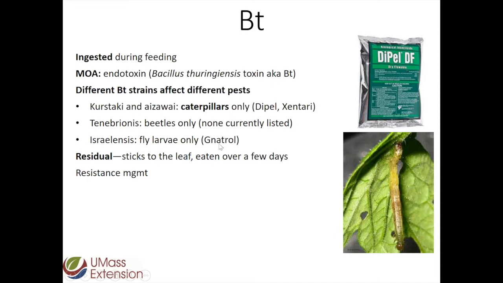And then there's natural, which works for fly larvae, which I think is mostly used in a greenhouse setting. So practically the ones that we use most in vegetable production are Dipel and Zentari, and they're for caterpillars.